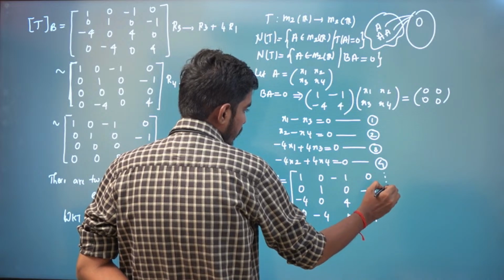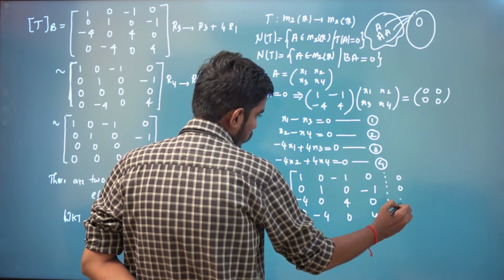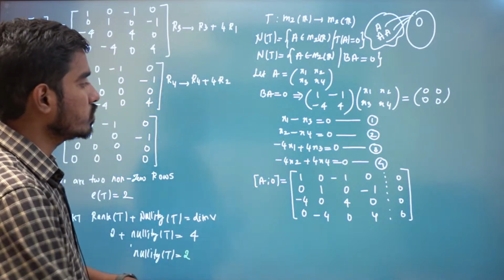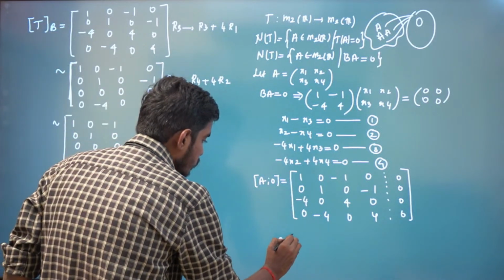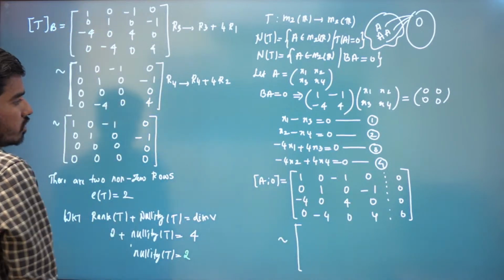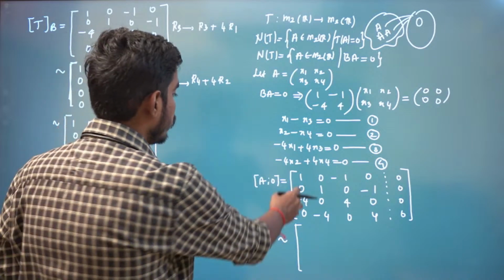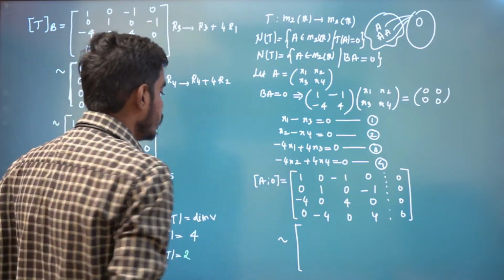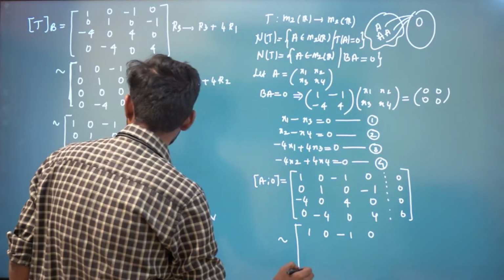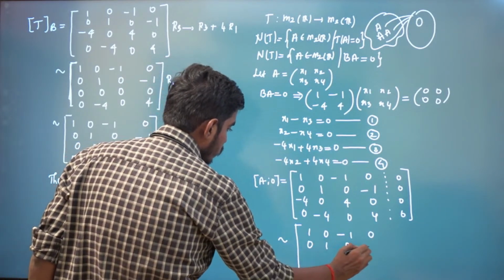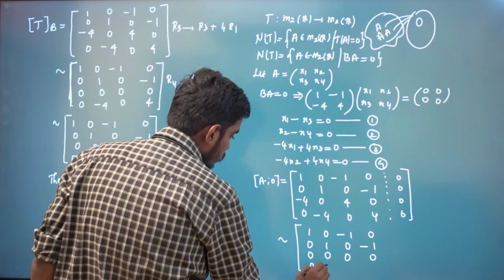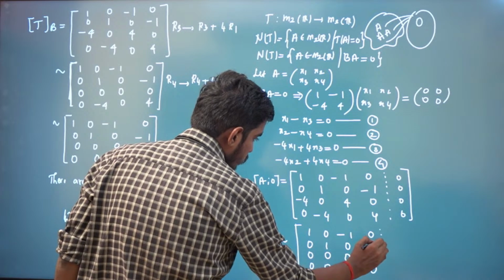This is our A matrix, and then we will form the augmented matrix. This matrix is the same as the earlier matrix, so making the transformation, it will be equivalent to 1, 0, minus 1, 0; 0, 1, 0, minus 1; and then zeros in the remaining rows.